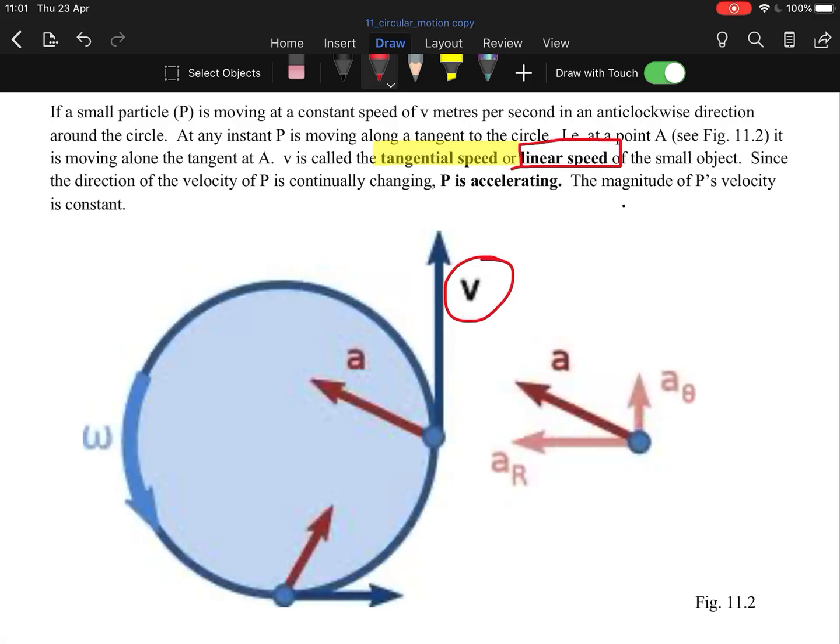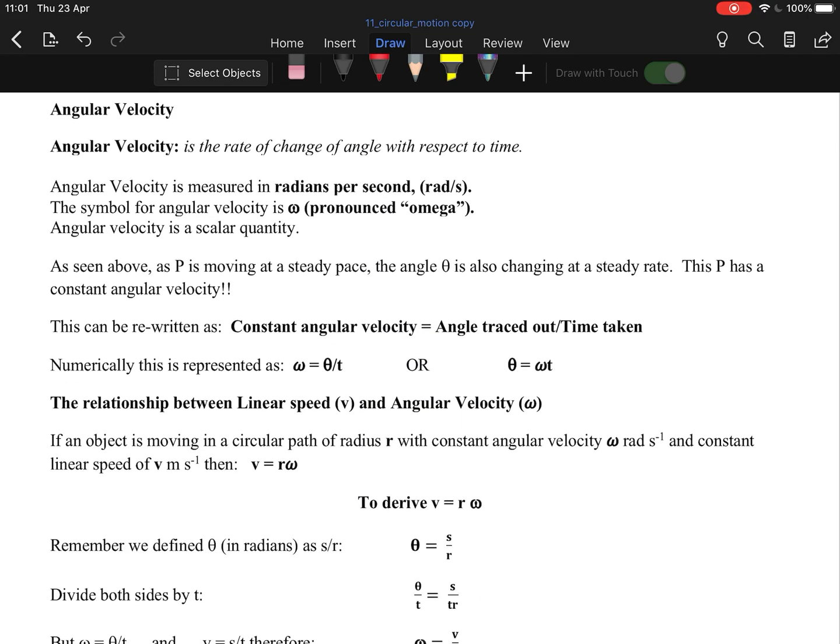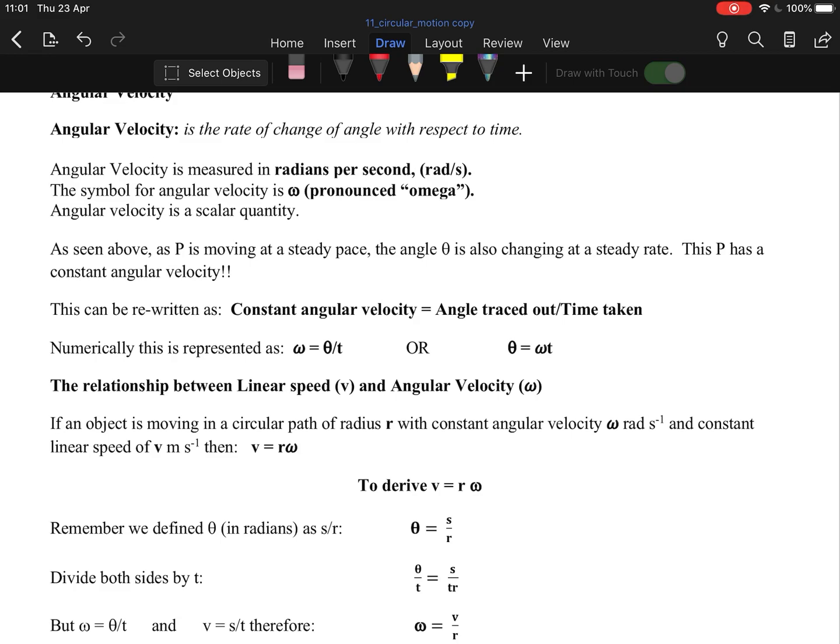But more often than not in the exams and in your books and in revision materials, they'll just call it linear speed. So just get used to calling it linear speed. All right? Now technically, it is always accelerating. If you remember back to equations of motion, you change direction, you actually accelerate, okay? So change in direction causes acceleration.